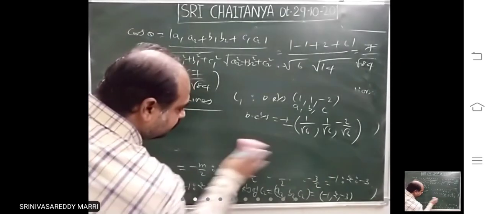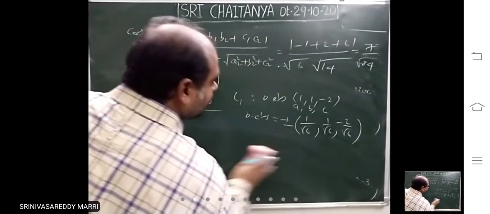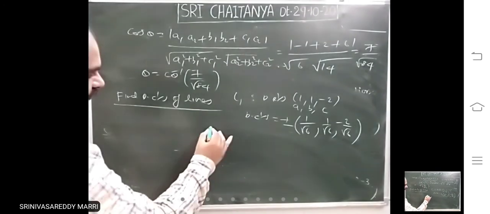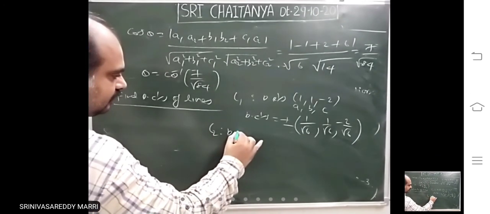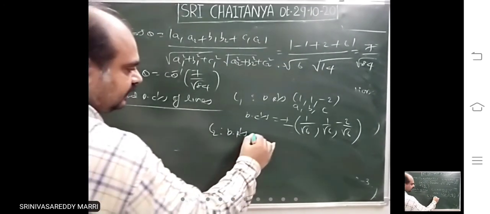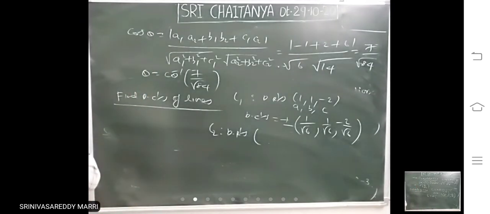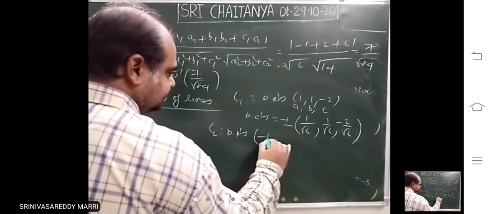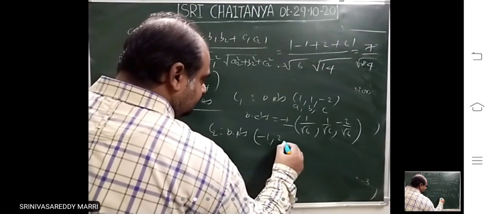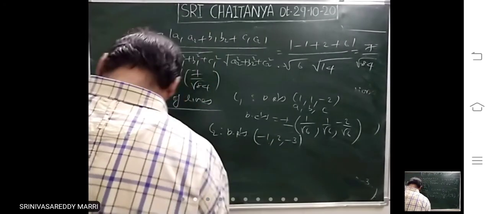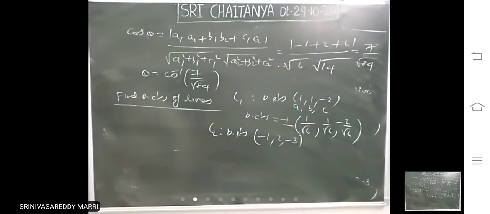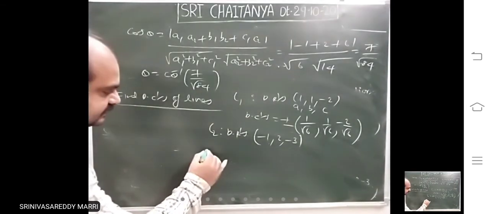So for L2, DRs you got minus 1, 2, minus 3.